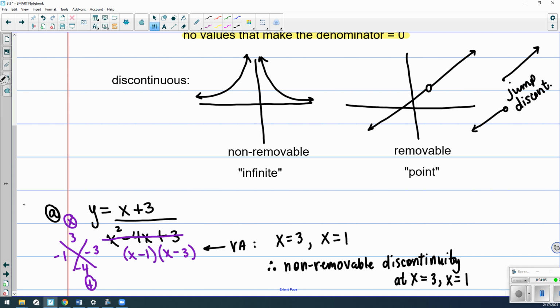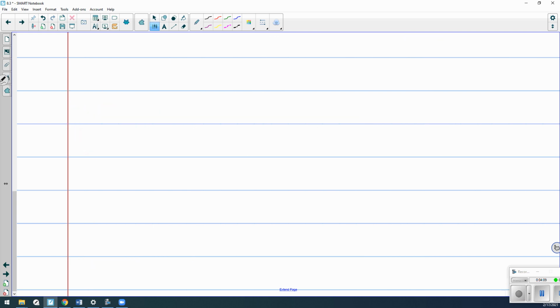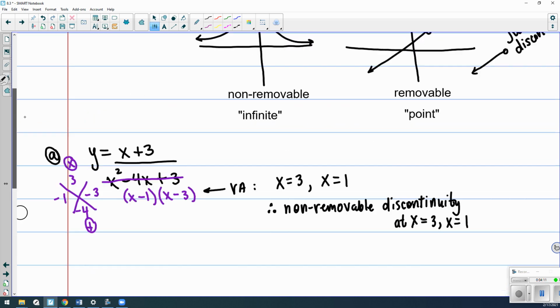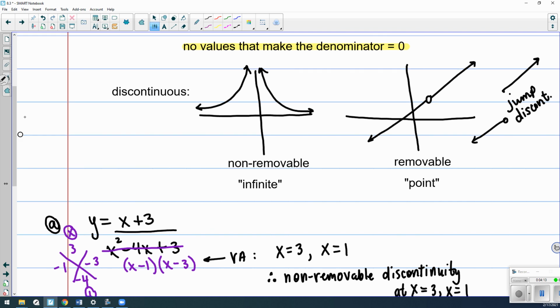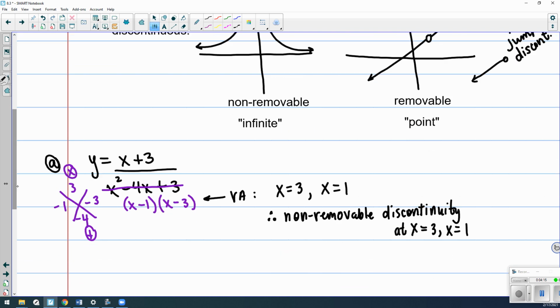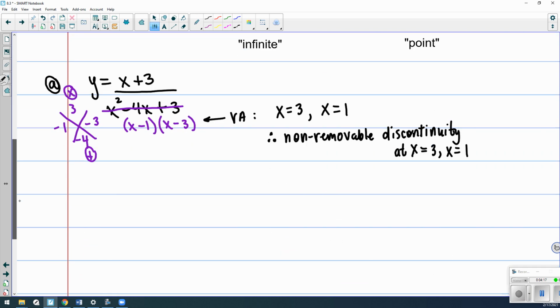Done. That's all I wanted to say about that. Tomorrow, or in our next video, we'll graph. But today we're just identifying the locations and the types of discontinuity. So, example A, done.